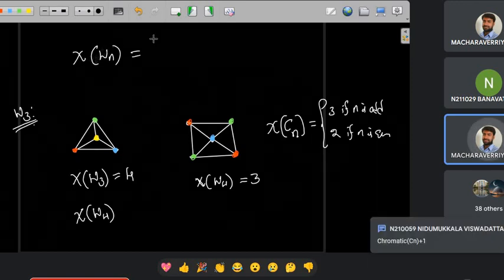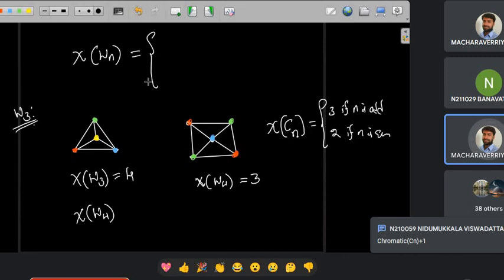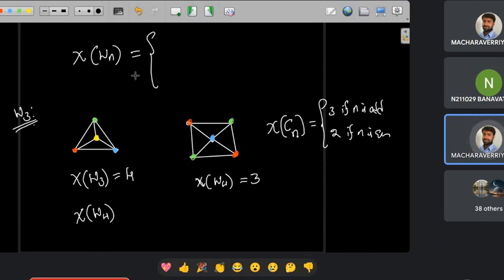So if in Cn you use 3 colors, in Wn you must use 4 colors. Yeah, exactly. The chromatic number of Wn is the chromatic number of Cn plus 1. So that's what it is: equal to 4 if n is odd and 3 if n is even.